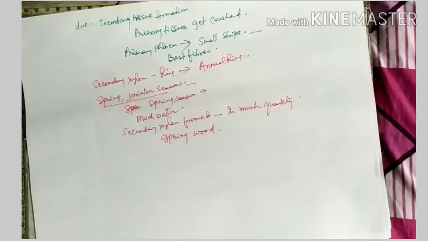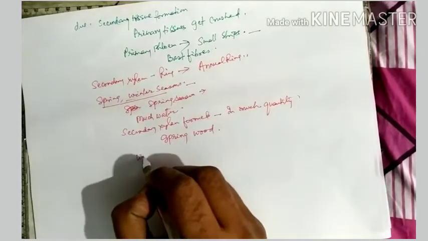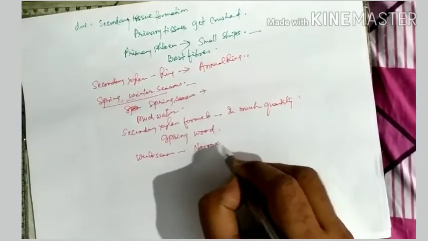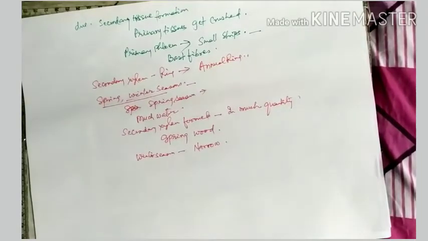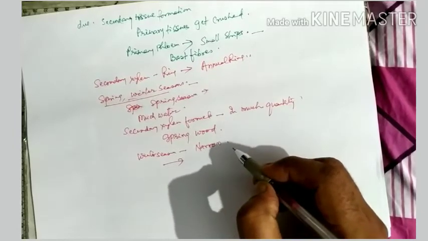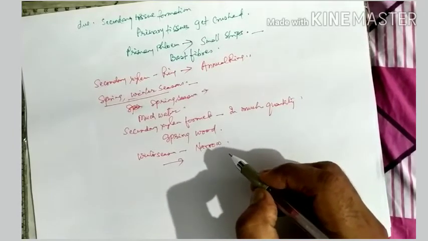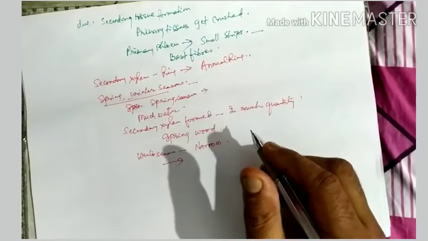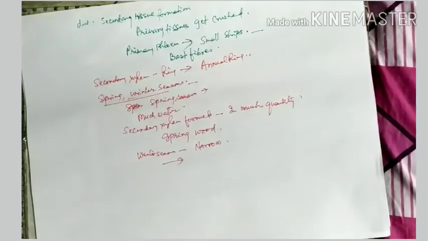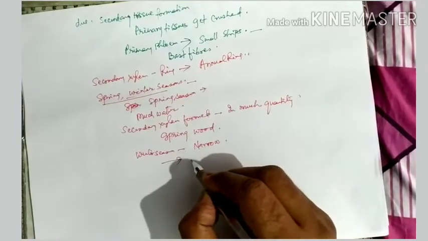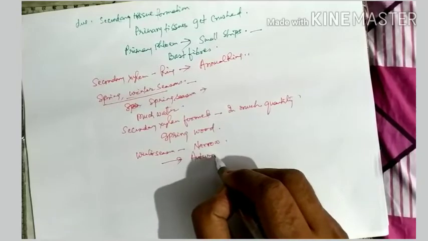The xylem formed in the winter season is much narrower, of deep color, and very small in breadth. This ring is known as autumn wood.